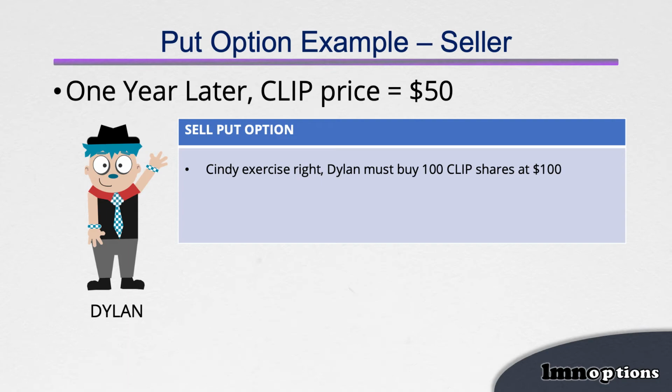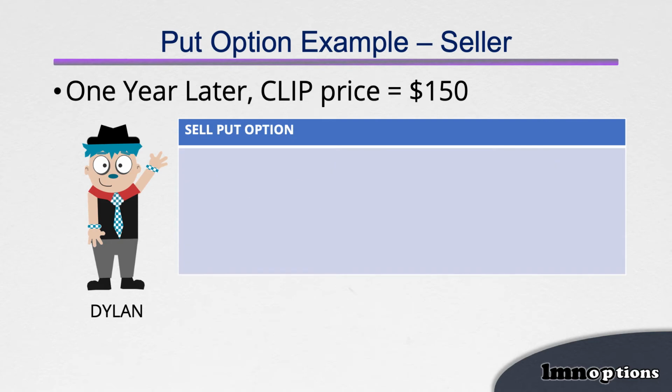Because the market price of the shares is $50, the market value of Dylan's investment would be at an unrealized loss of $5,000. However, since Dylan receives the $1,000 for selling the put option, his total loss on this trade will be $4,000.